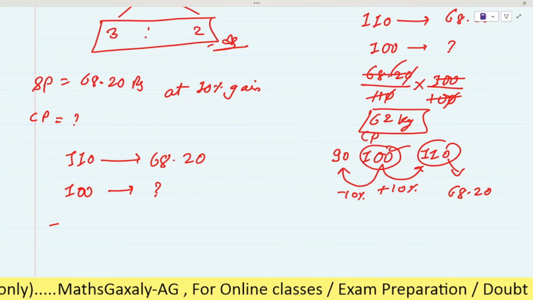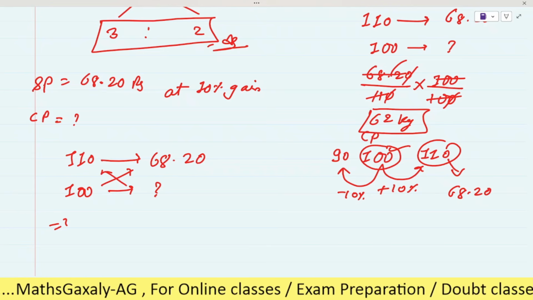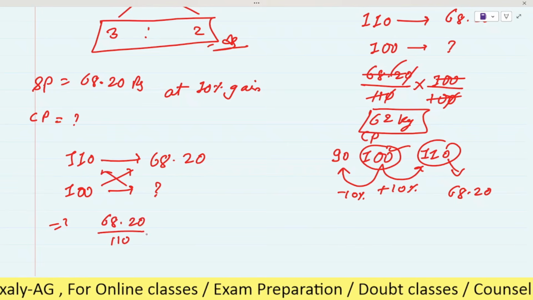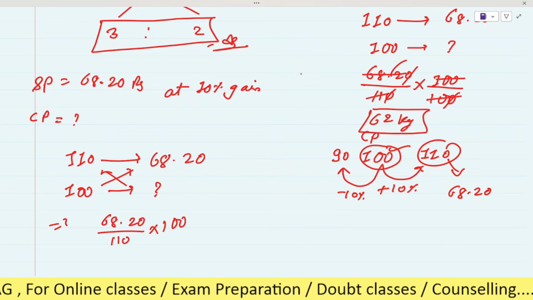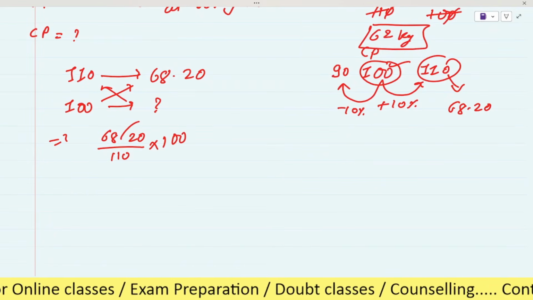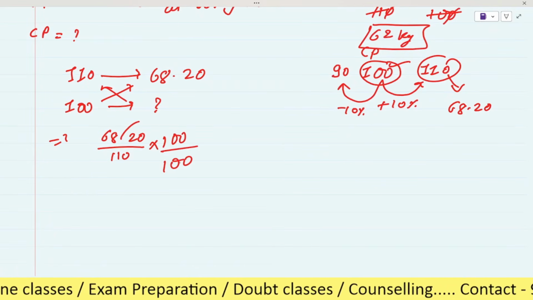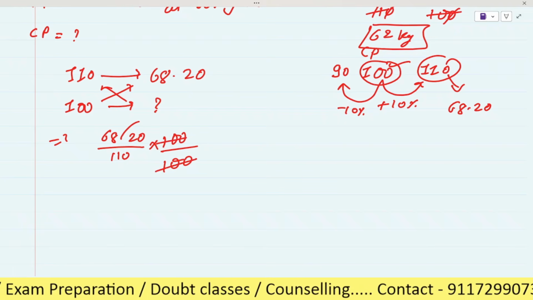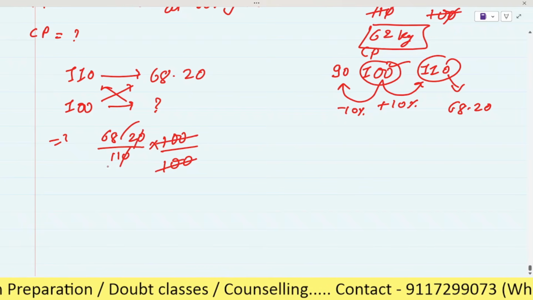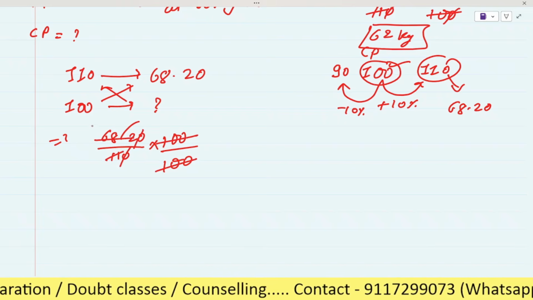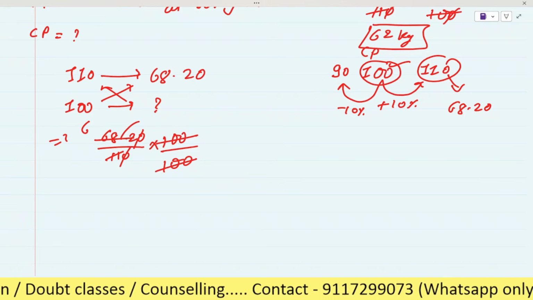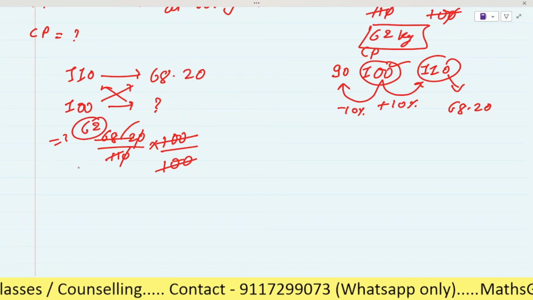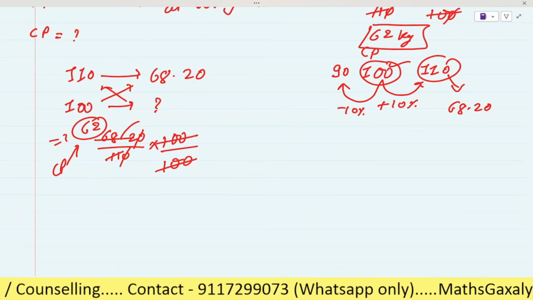Here we will do just cross multiplication. So it will be 68.20 divided by 110 into 100. Now remove the decimal, so in the denominator it will be 1 and 2 zeros. This 100 cut, 0 0 cancel, then cut it by 11. 11 in 6 times 2, and here it is 2, so 22, so in 2 times, so 62. CP of the mixture will be 62.